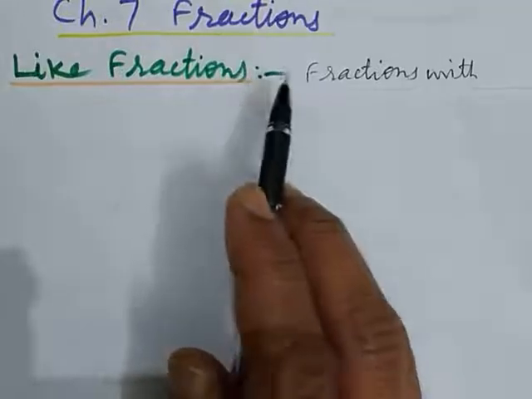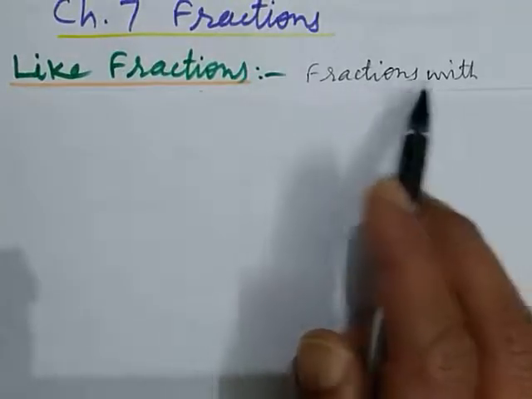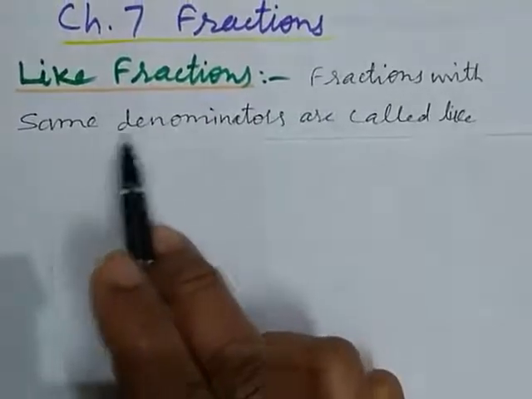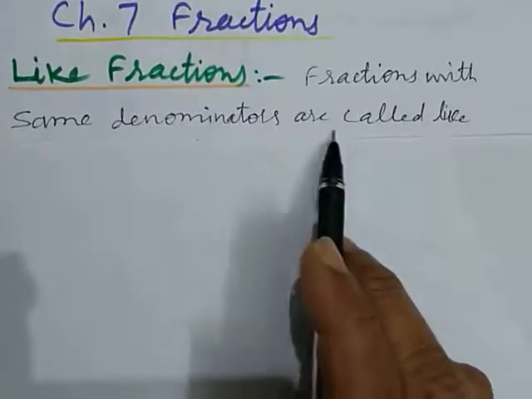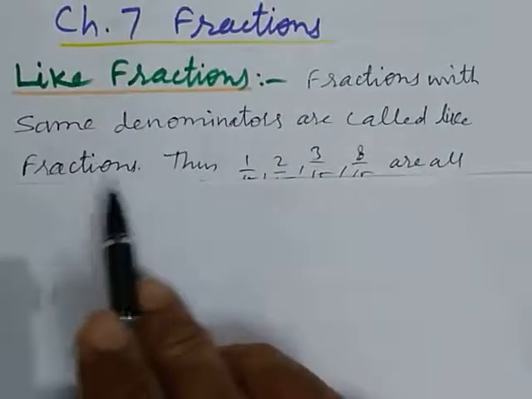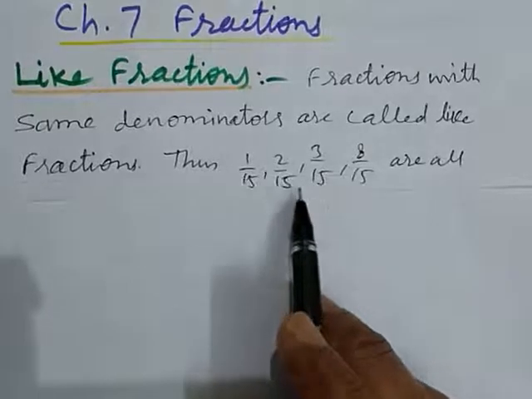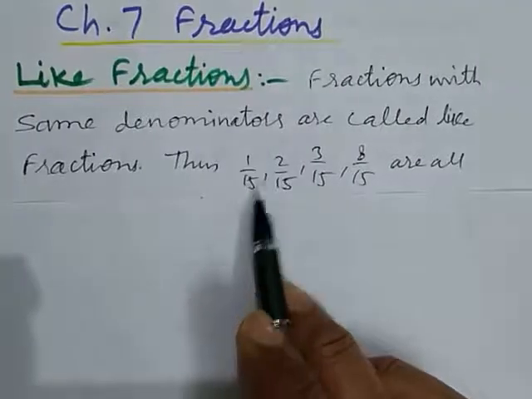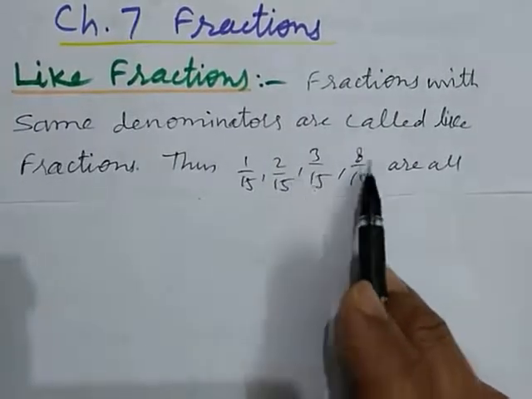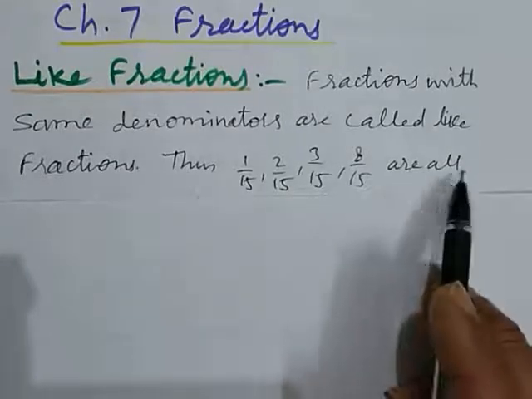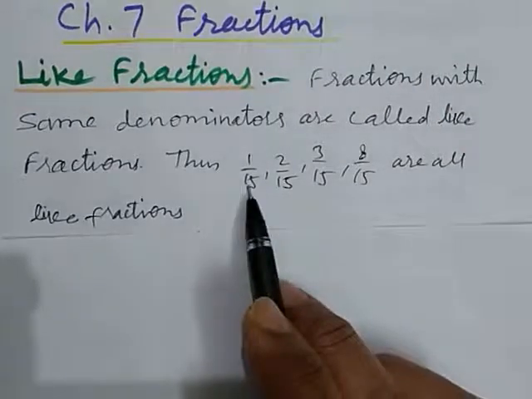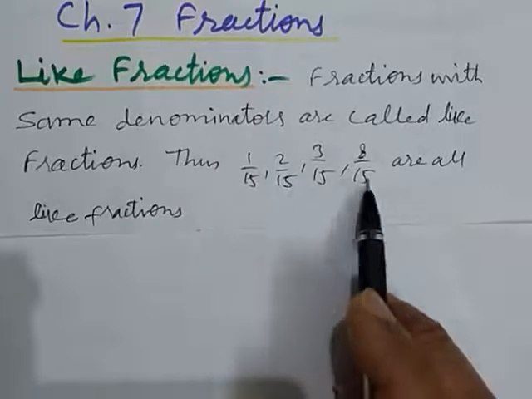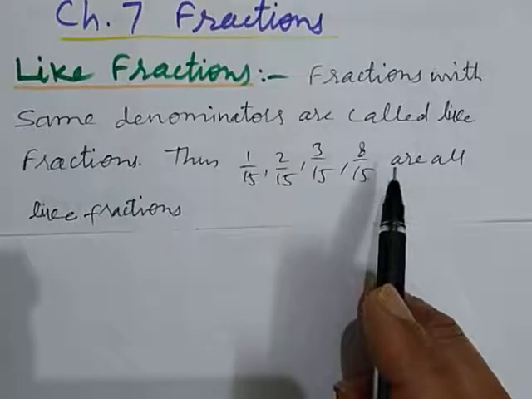What are like fractions? Fractions with the same denominators are called like fractions. This is the example: 1 by 15, 2 by 15, 3 by 15, 8 by 15 are all like fractions because their denominators are the same. Okay?